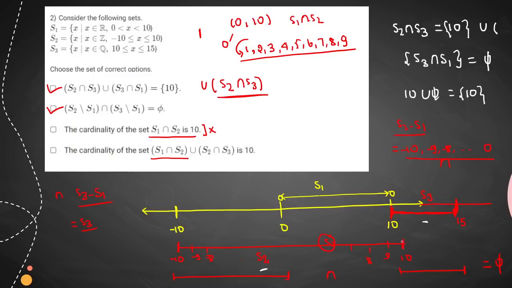So only 10 is common between them. So S2 intersection S3 will give 10 only, and we have to take the union. So it will be 1, 2, 3, 4, 5, 6, 7, 8, 9 and 10. So there are 10 elements in this final set. So that's why this option is also correct.